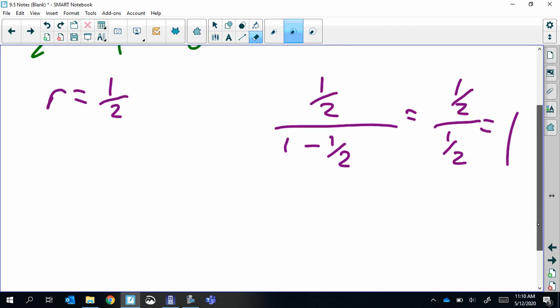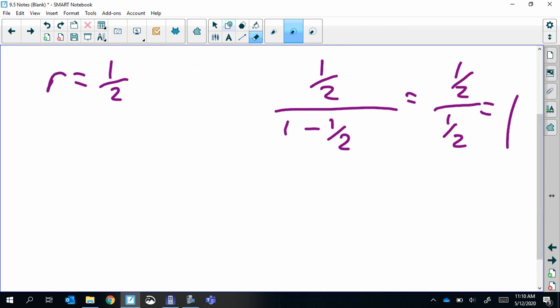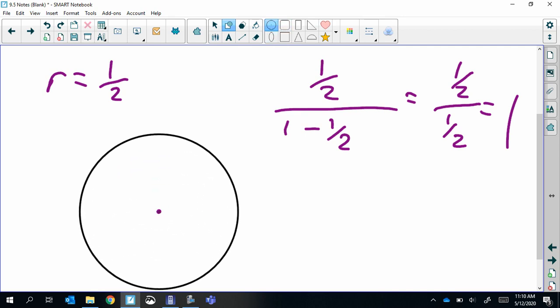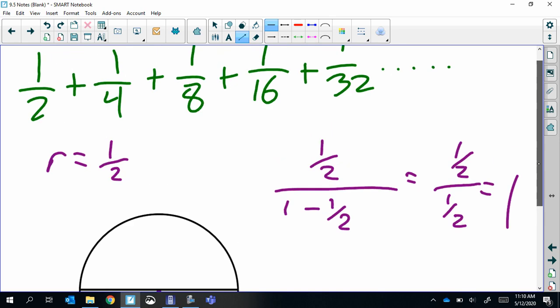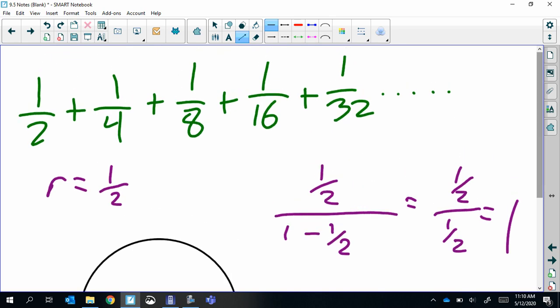So the idea with this, and I'm going to show you with a circle here. Alright, so with this, we're taking a look at a circle. Let's, for fun, imagine it's a pizza.